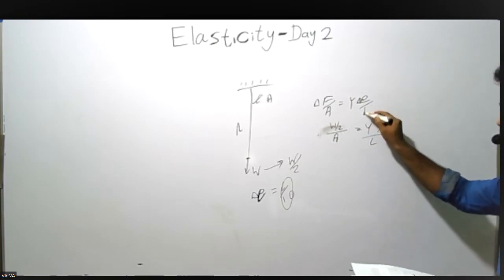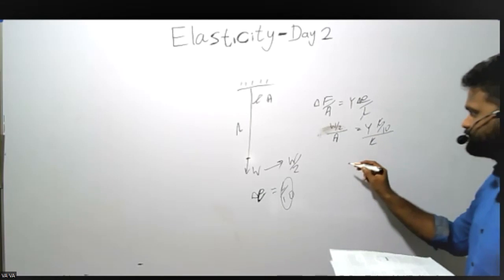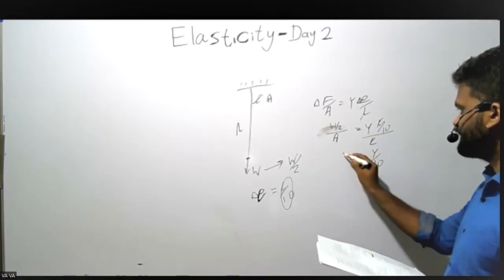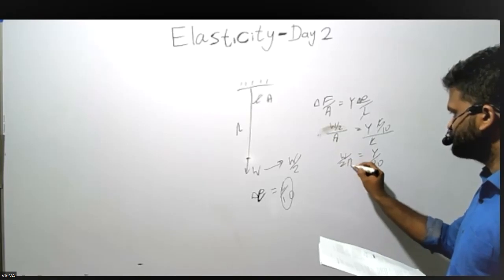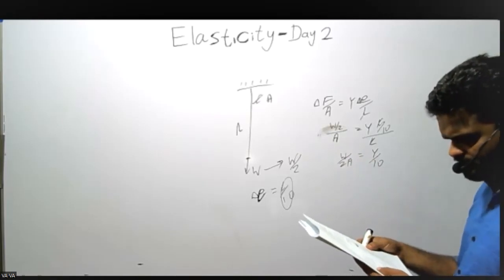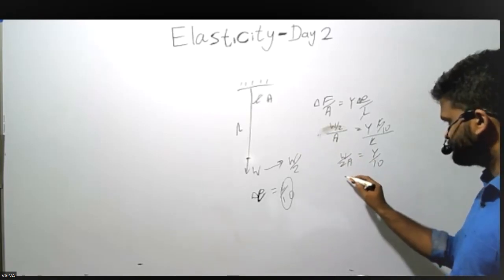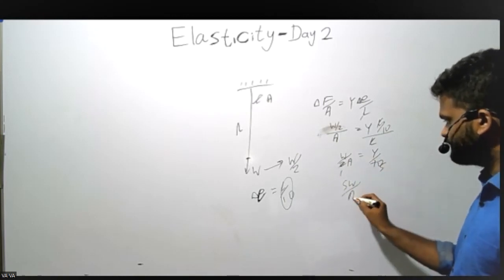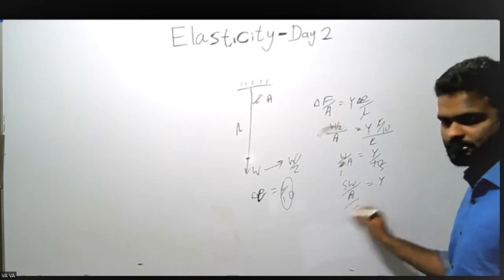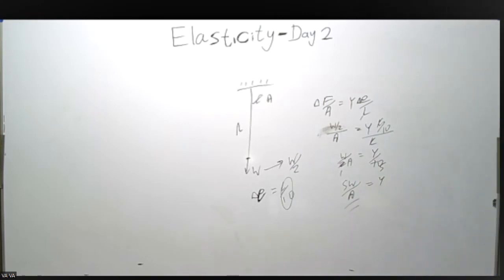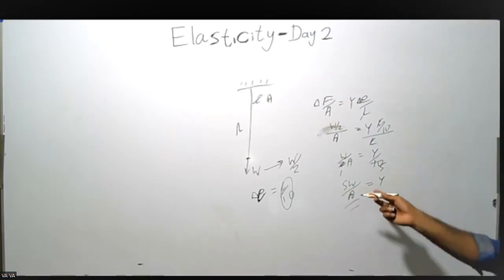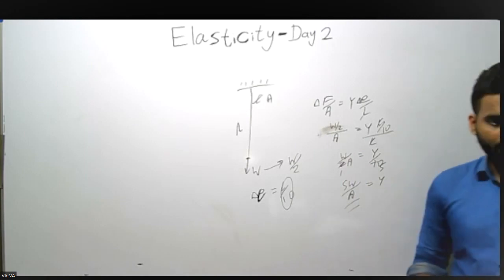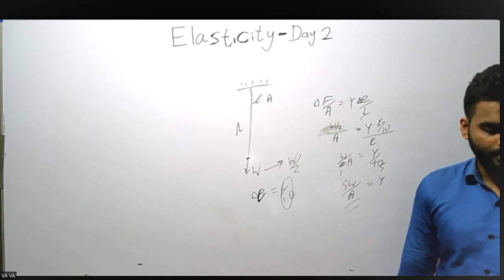Both lengths are the same, right? L cancels off. So Y over 10 equals W over A. So what do they ask? Young's modulus. 2 cancels off, 5W over A. Did you get the answer? So this is the exam question, right? The answer is third one, right.